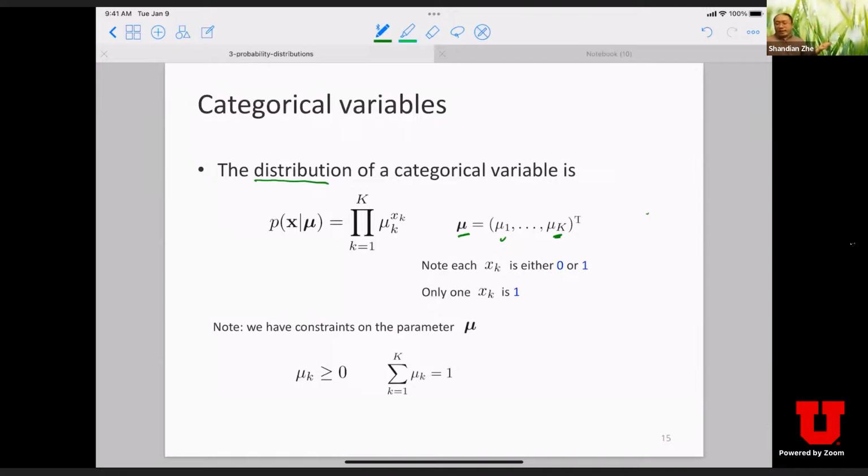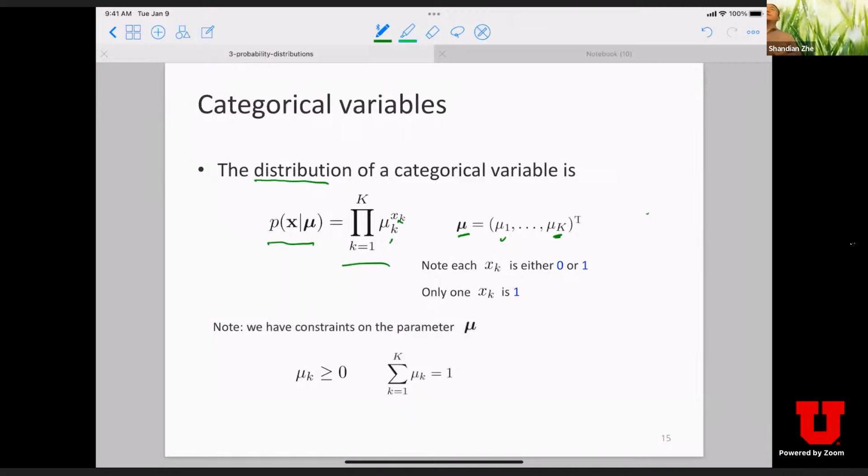Mu2 represents the chance that X takes the second category, and so on. Then we can represent the probability of a specific instance of X as a product from 1 to big K, where we multiply each chance mu k to the power of the kth element in X.